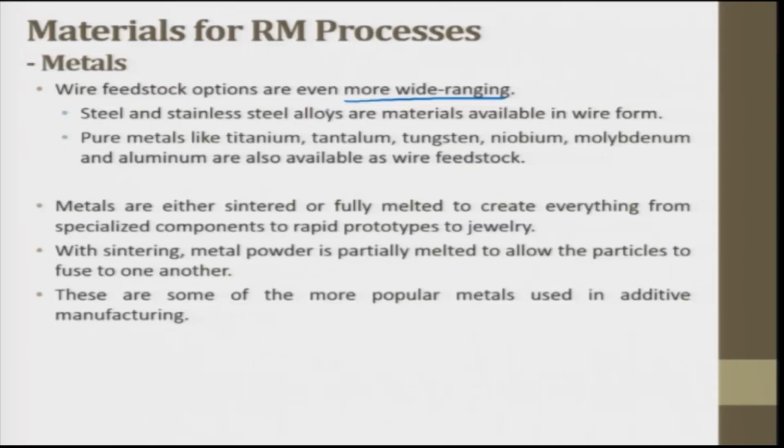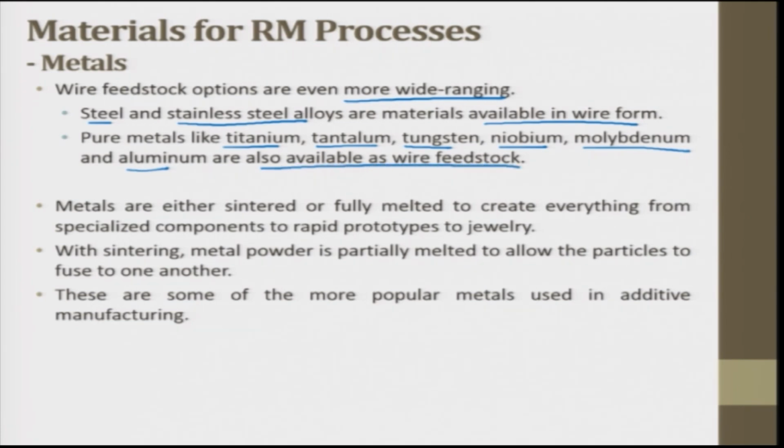There are processes like selective laser sintering and fused deposition modeling, FDM, which are different ways to manufacture using different feedstock. Steel and stainless steel alloys are available in wire form. Pure metals like titanium, tantalum, tungsten, niobium, molybdenum and aluminium are also available as wire feedstock.